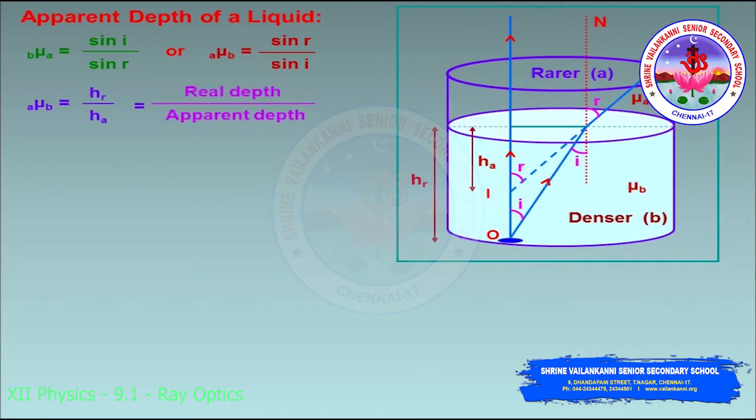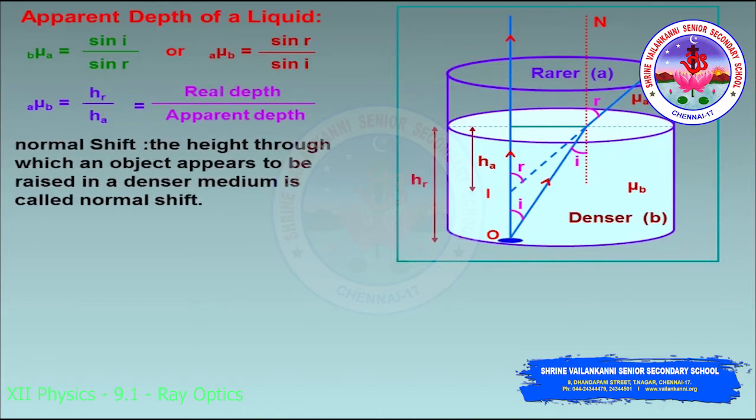As the size of the pupil is very small, here we can take only that part of the real depth and the apparent depth. So we compare this to mu, which is equal to real depth by apparent depth. Okay.